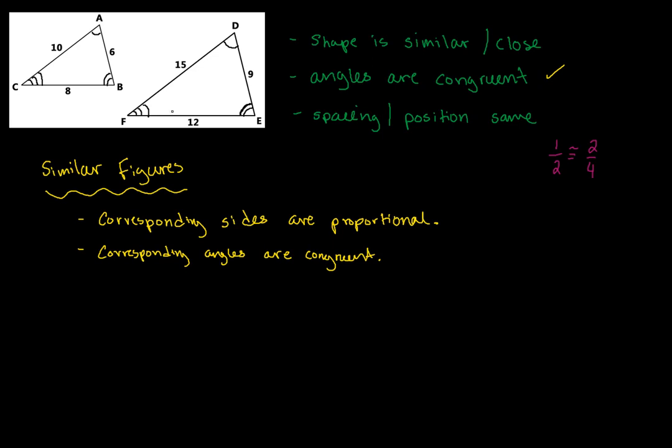Is that true? Because I'm looking at 10 and 15 and then 6 and 9, 8 and 12, and you don't necessarily see how those two are related. Well, let's look here. Let's take side AB and side DE and let's write them as a fraction. So I'm going to take side AB, side, not angle, right?